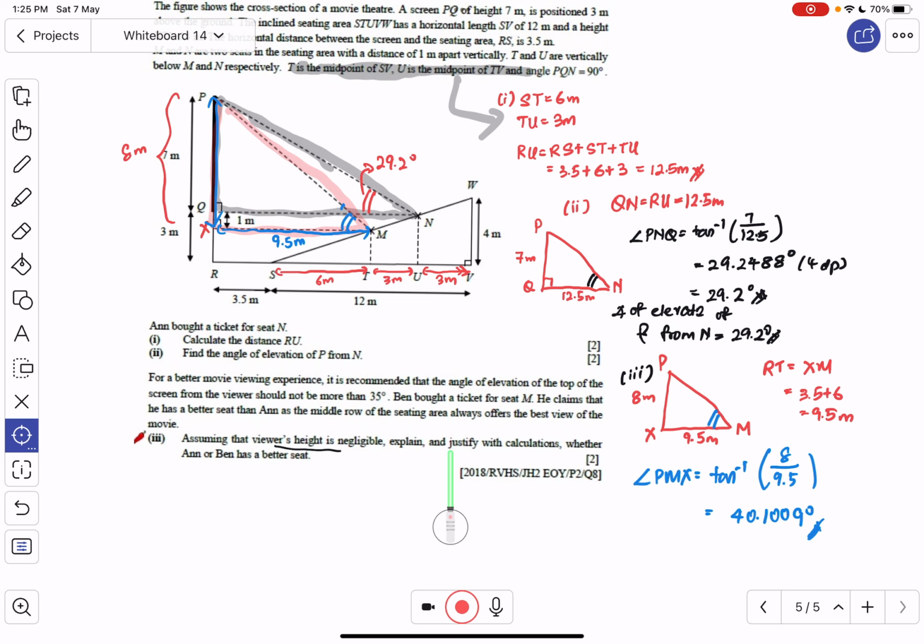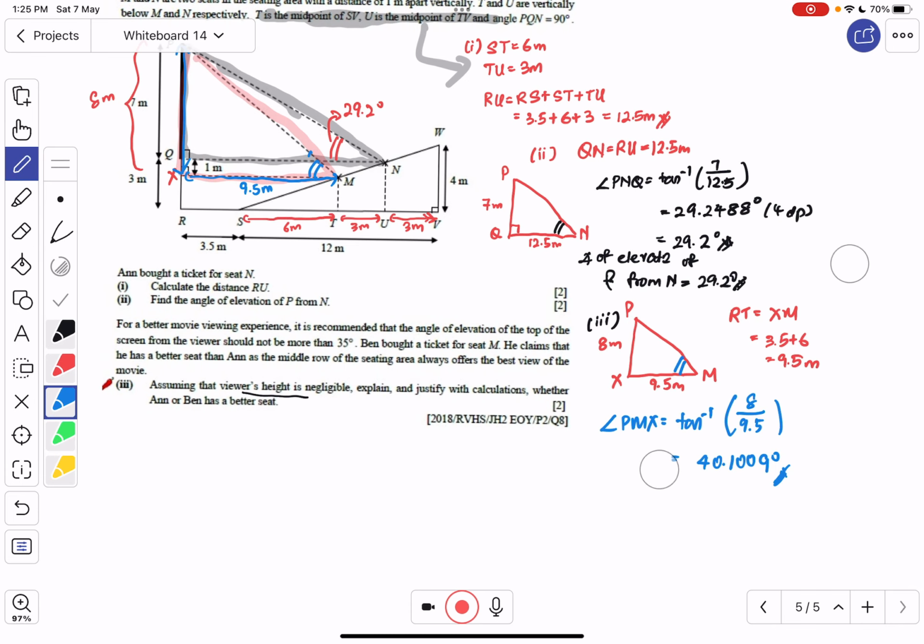So justify your calculations whether N or Ben has a better seat. Considering that this represents Ben at seat M, and this represents N at seat N, you can see that N has a better seat.